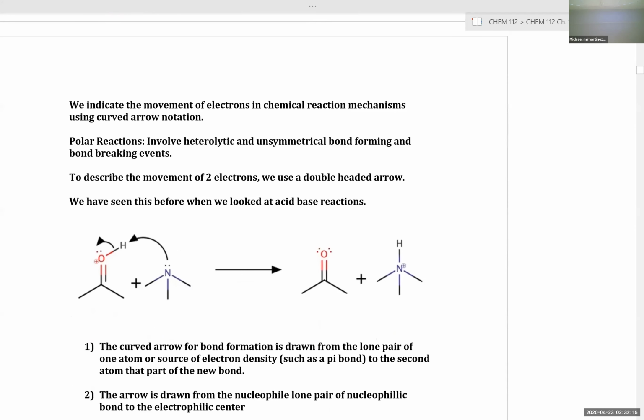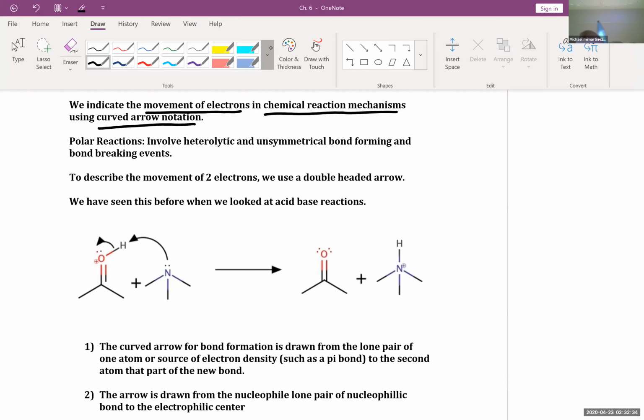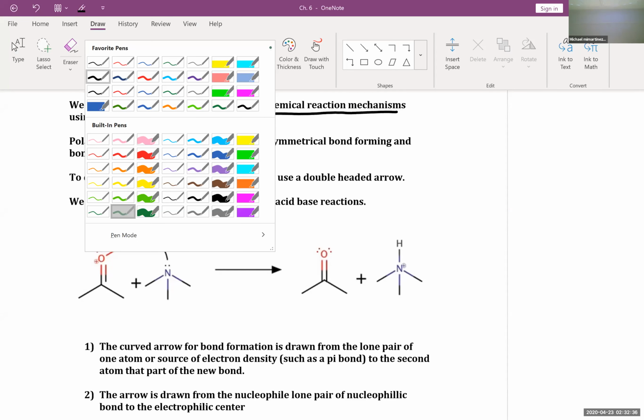Okay, so we indicate the movement of electrons in chemical reaction mechanisms using curved arrow notation, similar to how we indicated the movement of electrons in resonance structures. We're next going to talk about types of reactions.